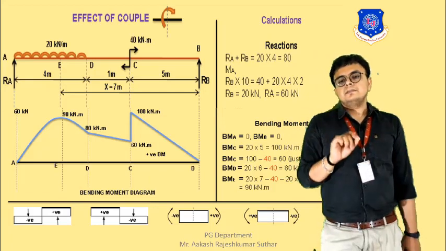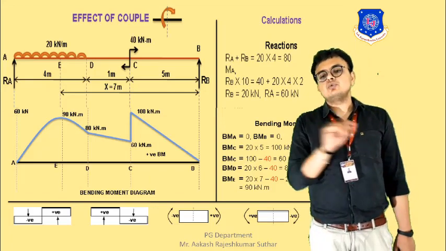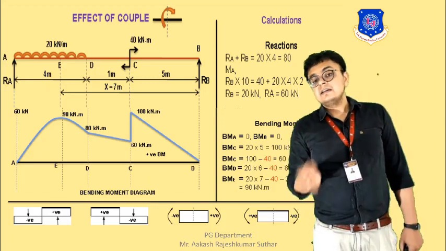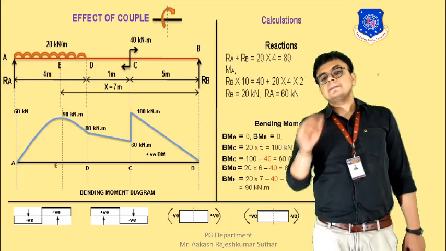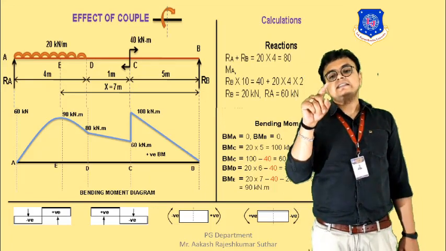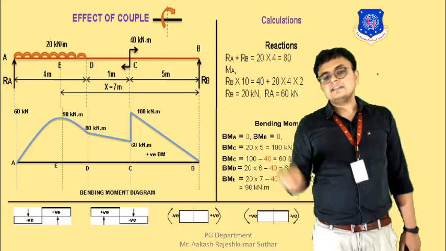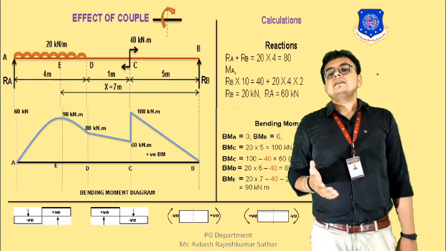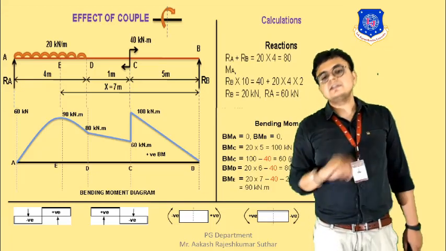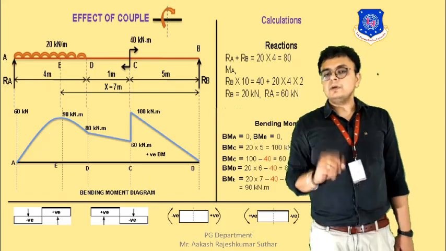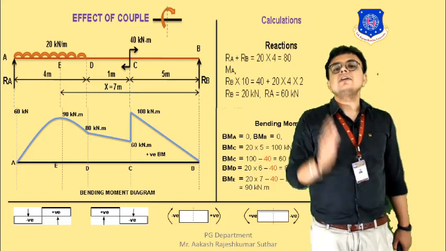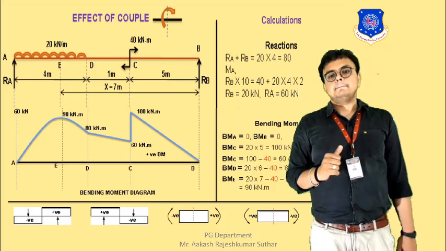So bending moment at C will be equal to 20 into 5, and it is in the anti-clockwise direction from the right hand side of the joint, so it will be positive. So it will be 100 kN-m just before the point C.